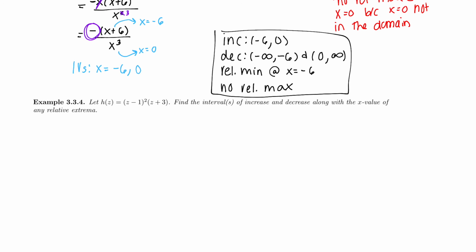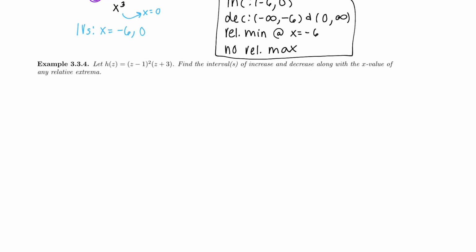So we're going to do the same thing for this next one. We are going to have to do product rule to take this derivative. And there's also going to be some chain rule in here. So product rule is f prime g plus g prime f.